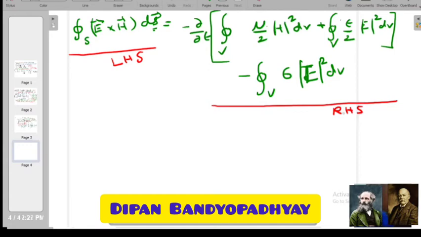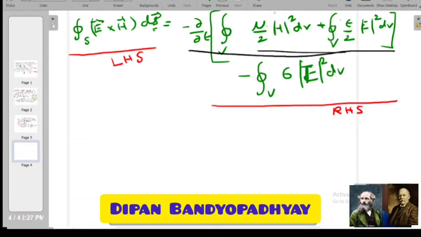Now we will see what these terms represent. First of all, we will start with this one, what this total term is representing.